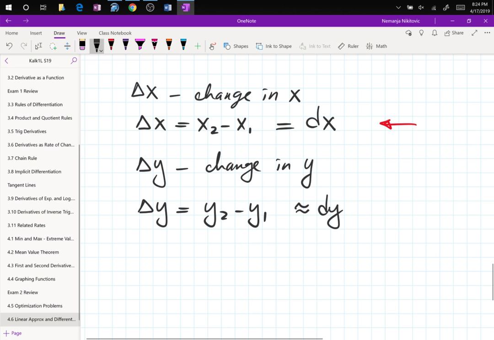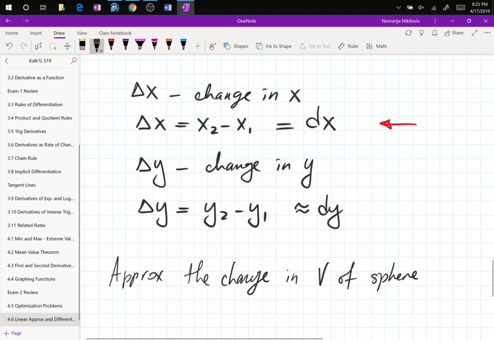So, let me see. Approximate the change in the volume of a sphere when the radius goes from 5 to 5.1 feet.